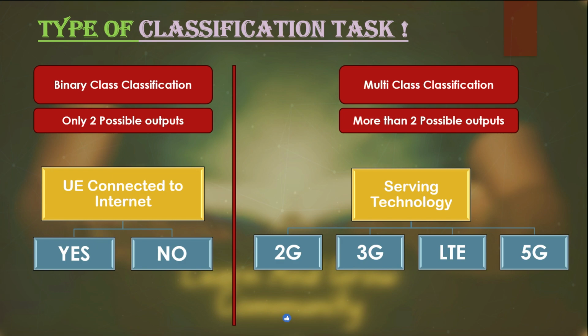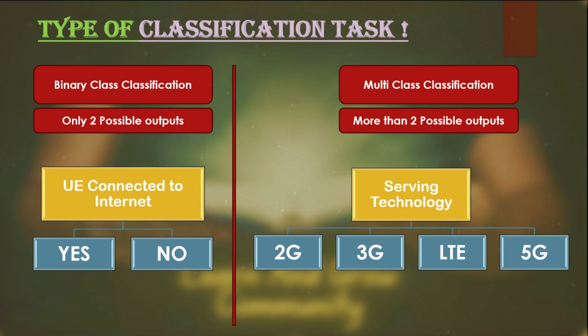Whereas multi-class classifications are the models where the outputs can be more than two. Each possible output belongs to one specific class. Like if you wanted to know whether the UE or device is connected to the internet or not, then the output can be either yes, means device is connected to the internet, or no, device is not connected to the internet. This is the example of binary class classification.